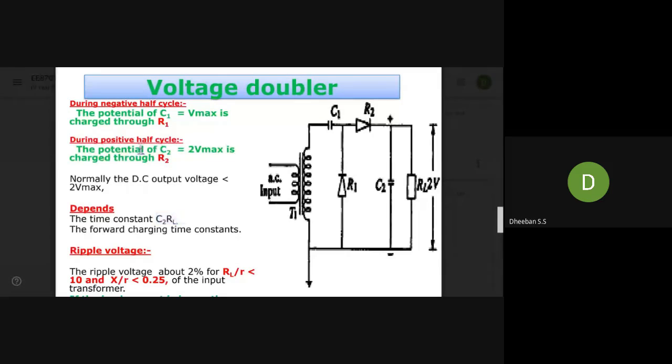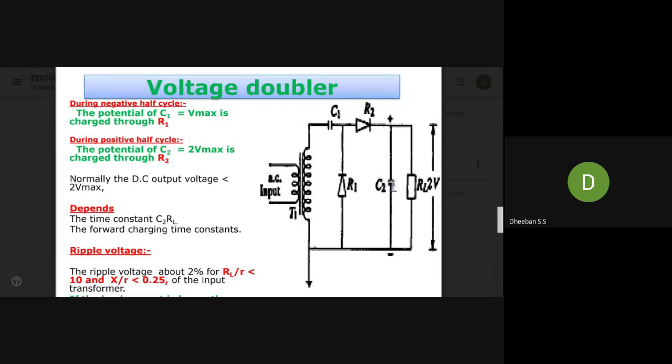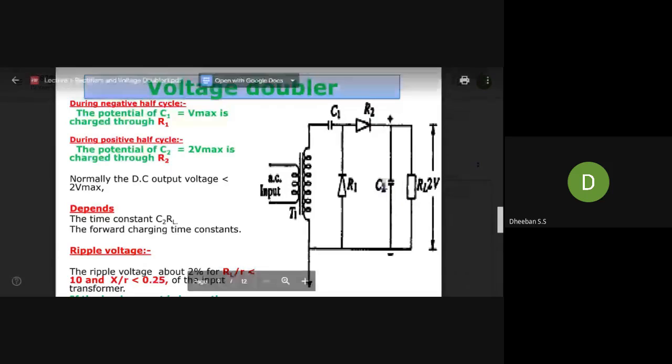But when it is coming to your positive half cycle, what happens? The potential becomes double. C1 is nothing but the series-connected capacitor, and C2 is nothing but your DC-link capacitor coupled to your load.